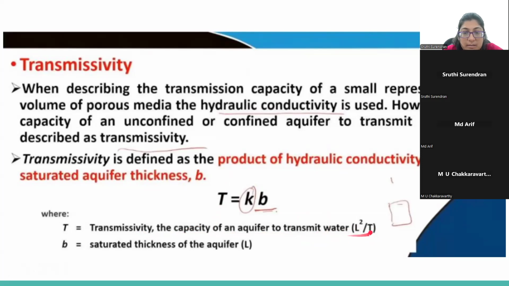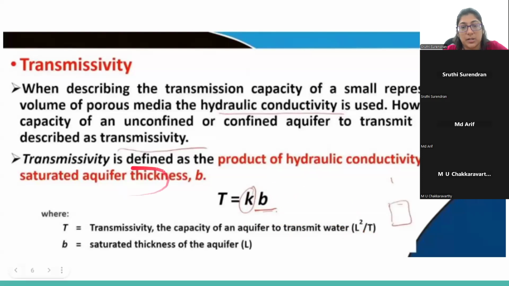The dimension is L square by T because K, the hydraulic conductivity, this is capital K, not small k, has the unit of velocity, meter per second or centimeter per second or meter per day or meter per hour. That multiplied by the thickness of the aquifer will give a unit corresponding to this dimension.